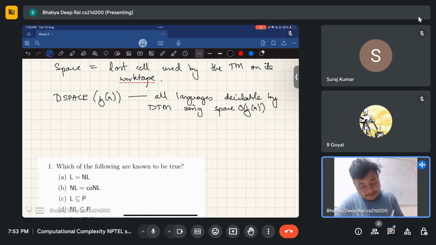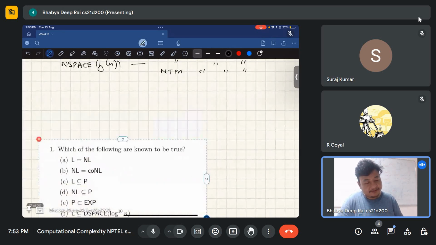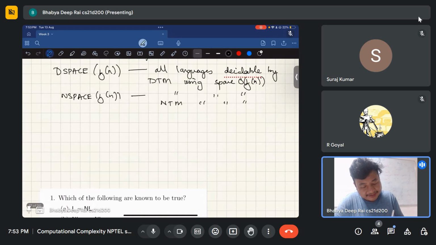This many bits on the work tape. Similarly, I can define NSPACE f(n): the same thing, but this time I have an NTM, a non-deterministic Turing machine, using space order f(n). So what is NL? What is L?